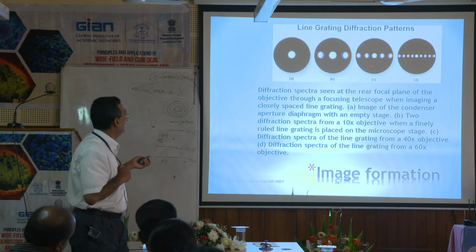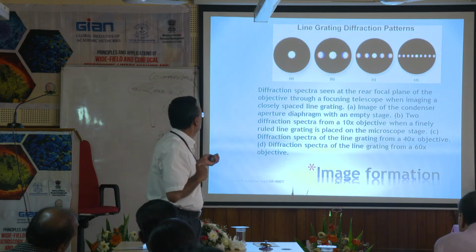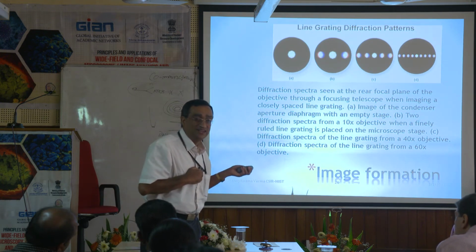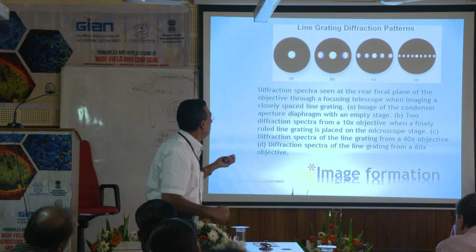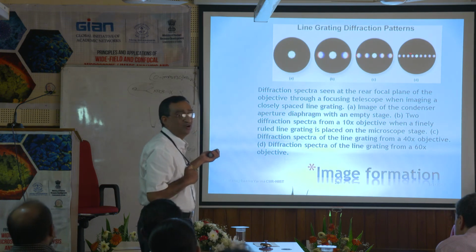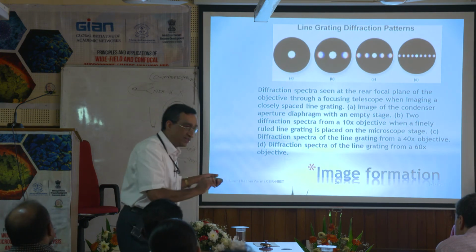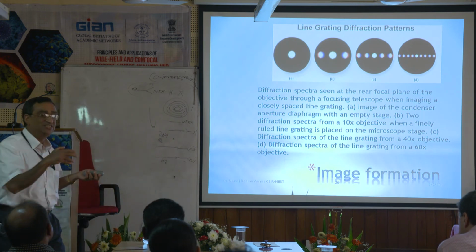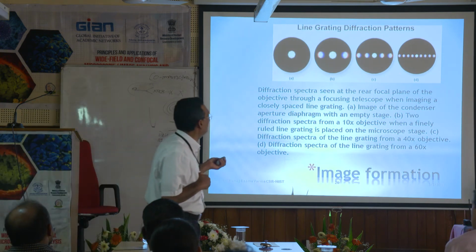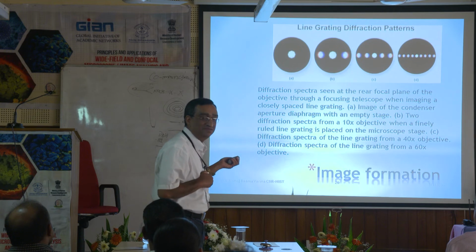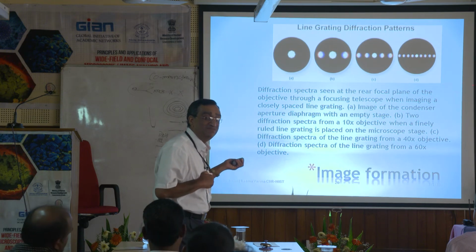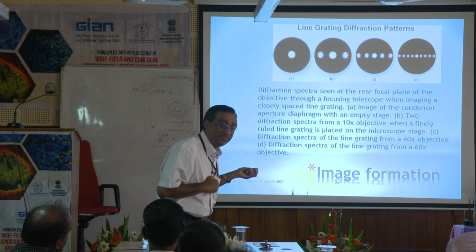Immediately I can shift to a 100 lines per millimeter grating, and you got 4. Remove that grating and put a grating with 600 or 1200 lines per millimeter, and you start observing several images. Why?